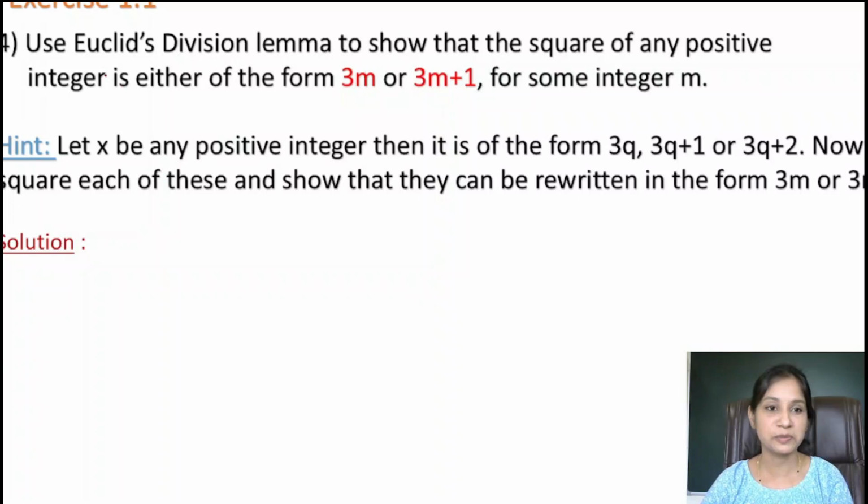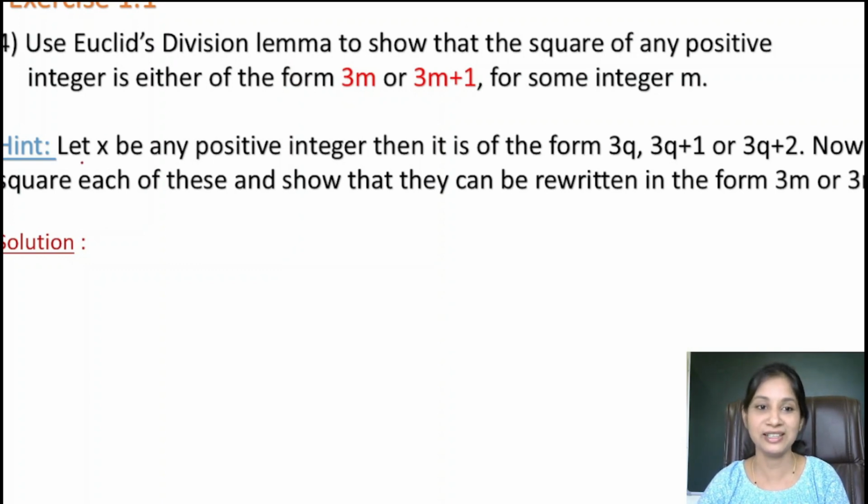Our fourth problem is: use Euclid's division lemma to show that the square of any positive integer is either of the form 3m or 3m plus 1 for some integer m. Here also they are asking about the square of any integer, so we need to go for squaring and prove it is of the form 3m or 3m plus 1.